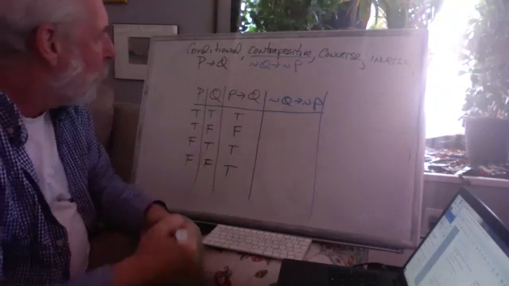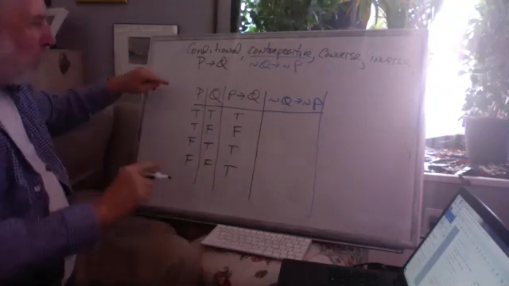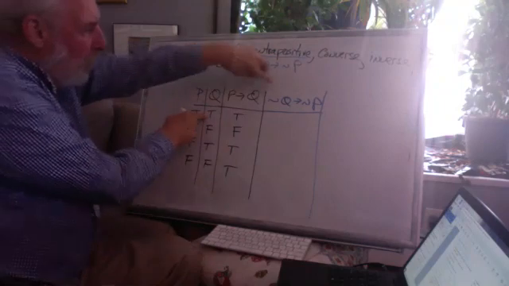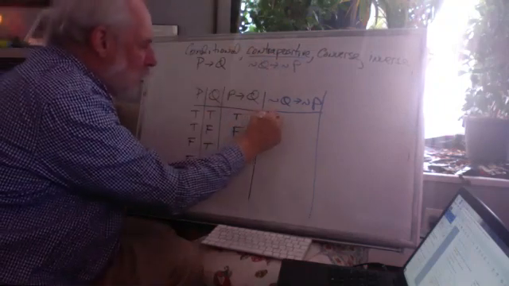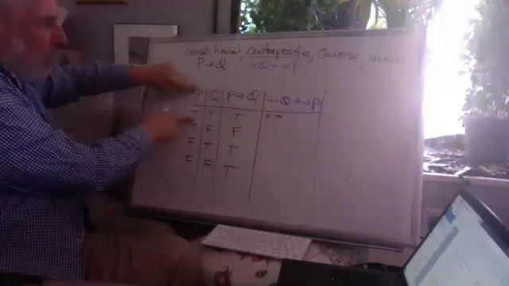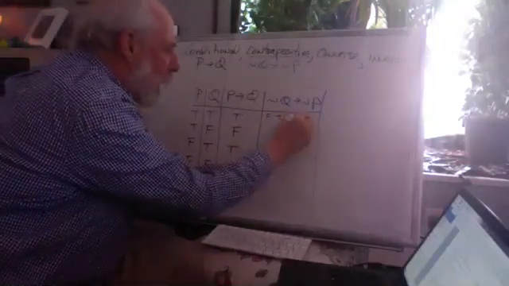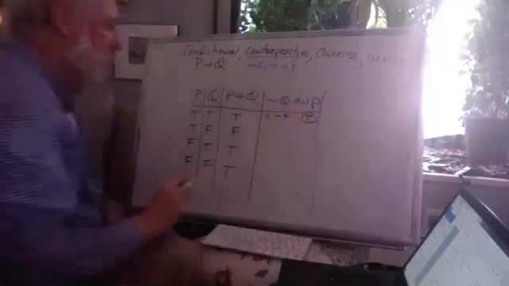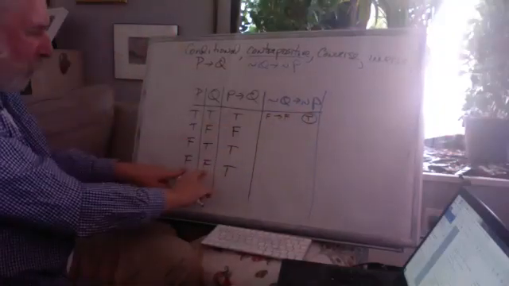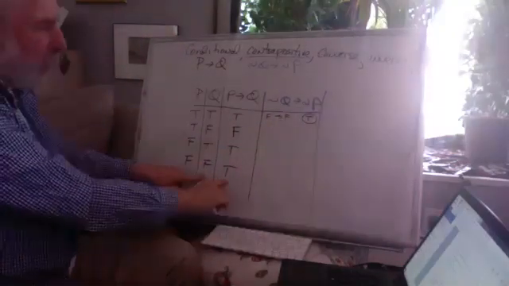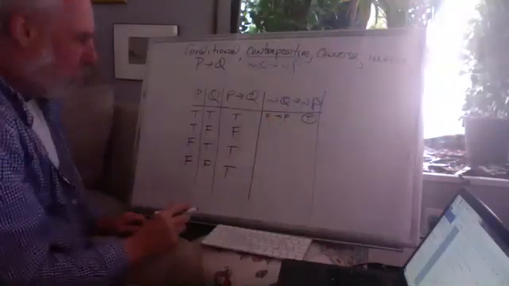So if we go through this, Q is true, this makes it false. P is true on the first line, that makes it false. And that is true, right? Looking at the basic truth table, false, false is true.